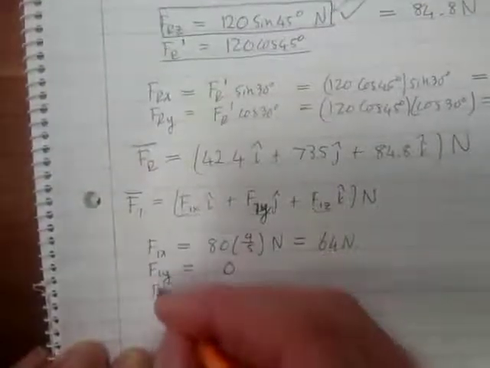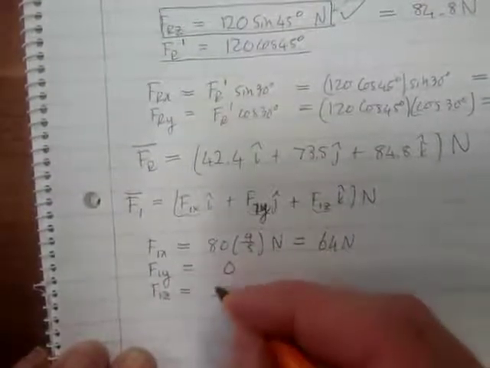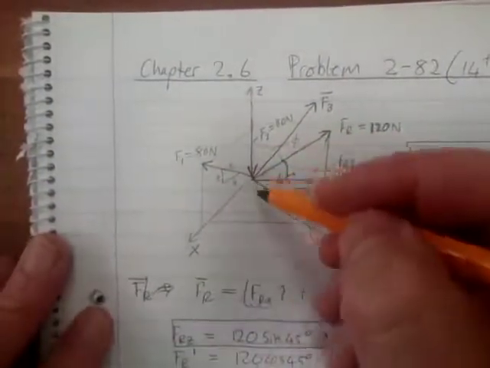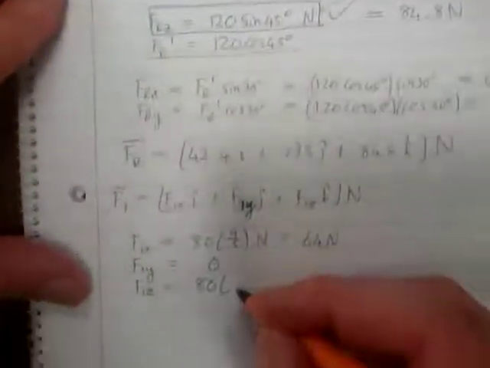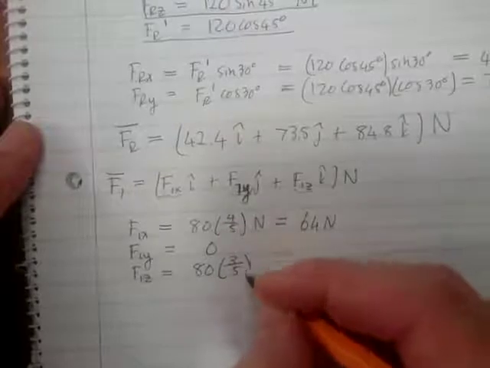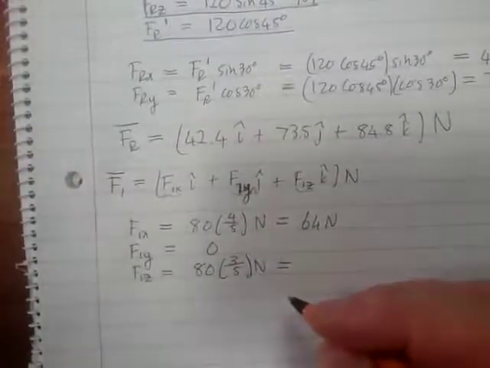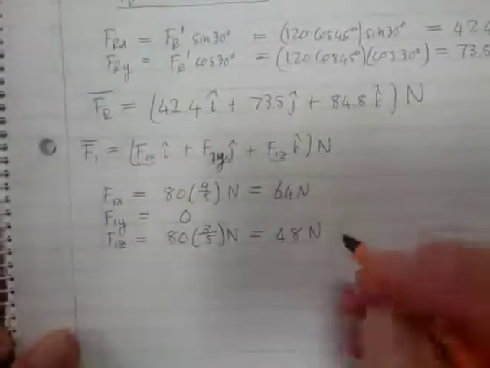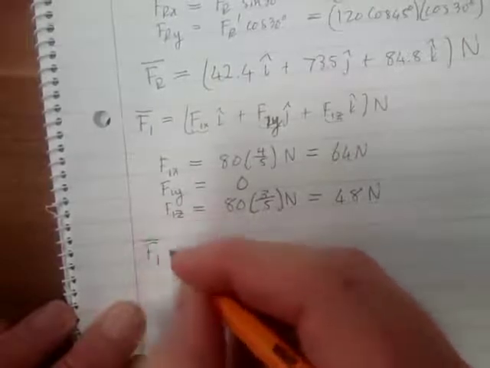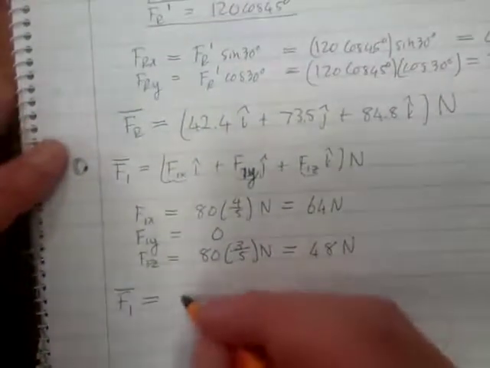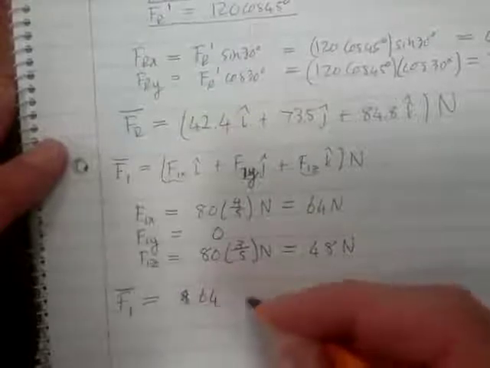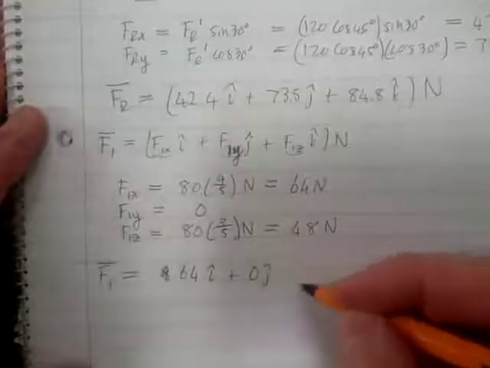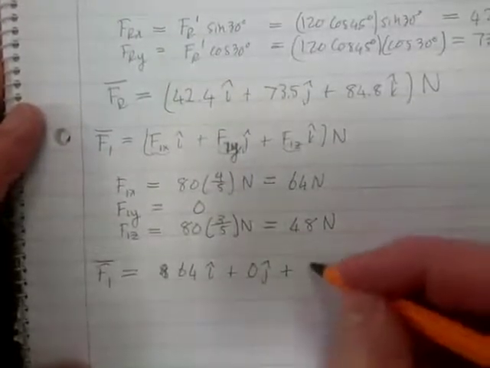And my F1z would equal 80 times 3 over 5, because it's the z component, which equals 48 Newton. So F1 in Cartesian vector form is equal to 64i plus, just for completion, 0j, plus 48k Newton.